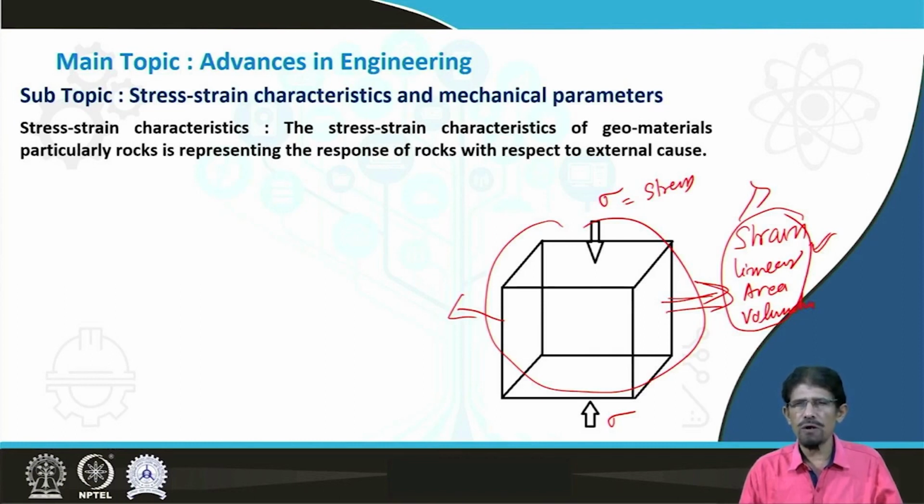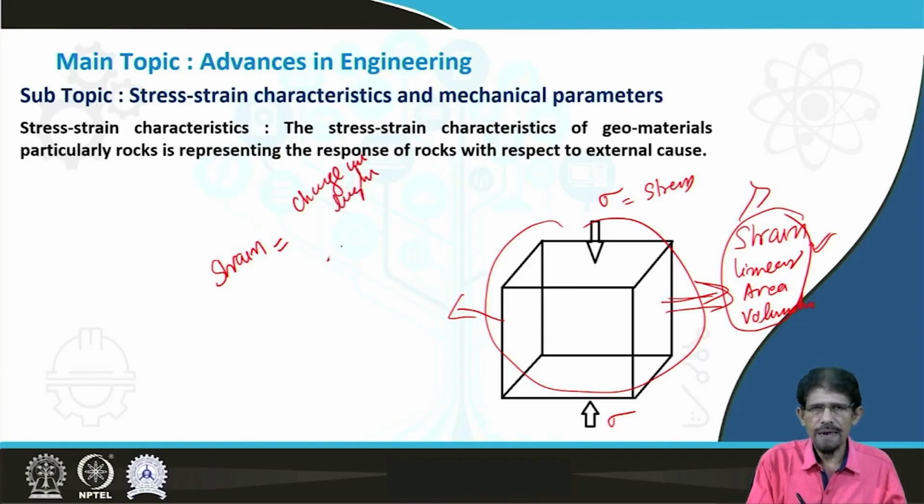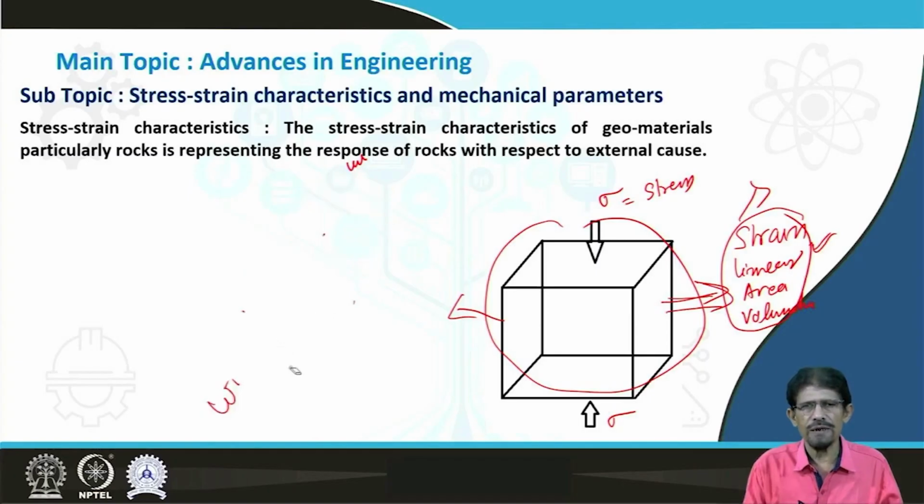If we plot the value derived in the form of strain, which we have already discussed, that is the change in length divided by original length. Later on we will discuss the time-dependent deformation under constant or incremental position.